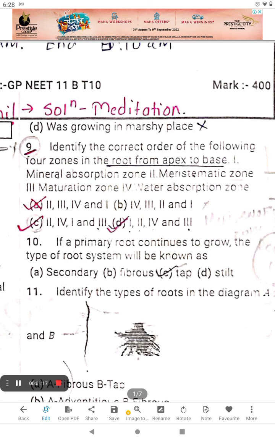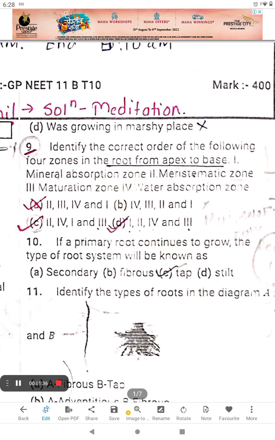And if we go according to option D, first will be the mineral absorption zone, second the meristematic zone, fourth the water absorption zone, and third the maturation zone. So this can be the order, right?